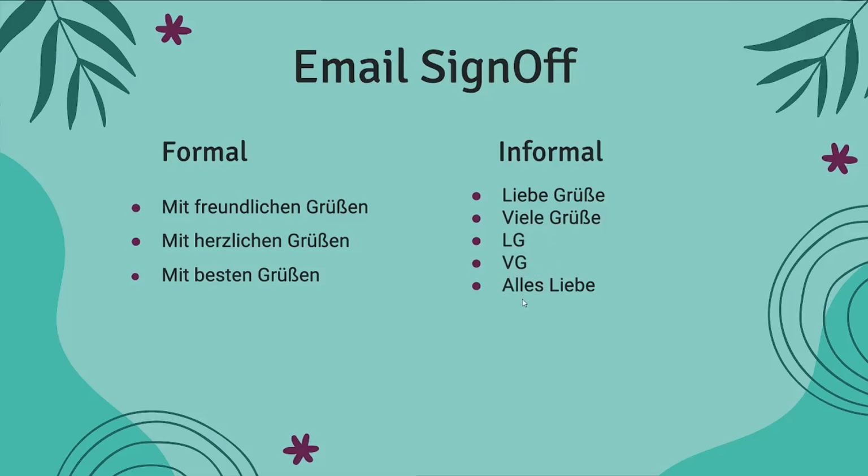And you could also write alles Liebe, with lots of love. So depending upon the person and the context of your email, if it is someone close, you can write liebe Grüße, and if it is just a known person, and you don't want to write Liebe, which is like love, you can always write viele Grüße.